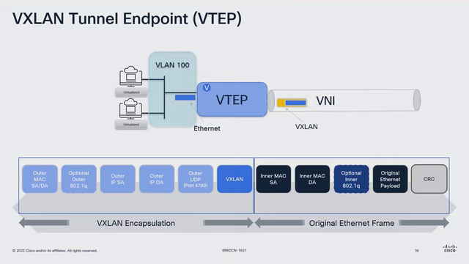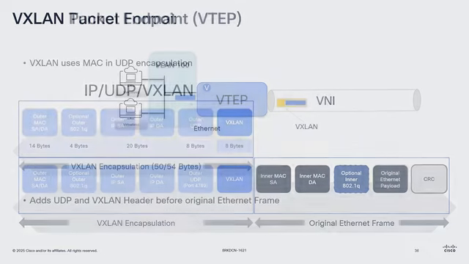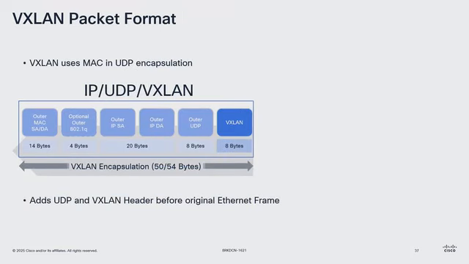But this is the VXLAN encapsulation slapped on top of the Ethernet frame as I'm going through VLAN to VNIs, okay? Now, I'm adding UDP, and I'm adding VXLAN information. So I'm adding an additional 50 to 54 bytes on top of that Ethernet header.